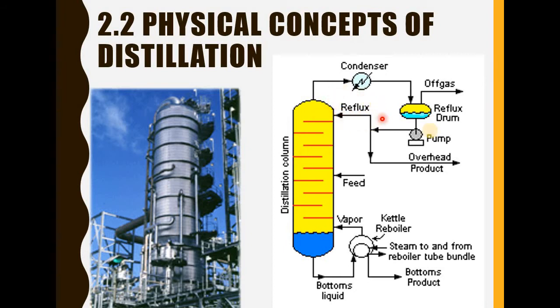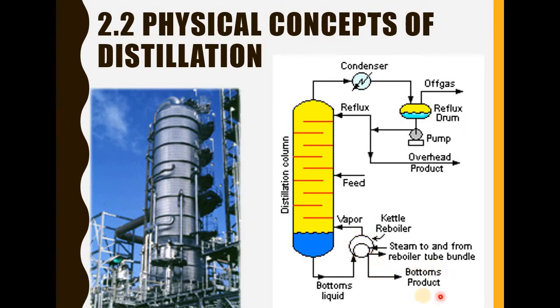Reflux means we recycle the liquid here. The condensed gas becomes liquid, and the liquid re-enters the column and undergoes the process all over again. The component which has the highest boiling point will settle at the bottom and leave the column at the bottom, where it is reboiled.